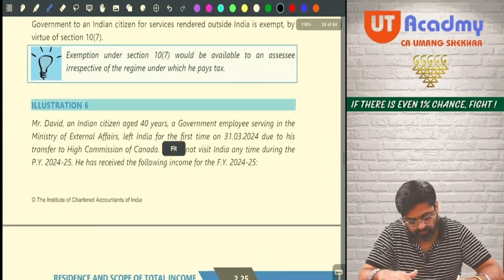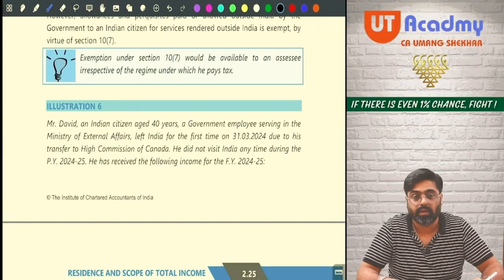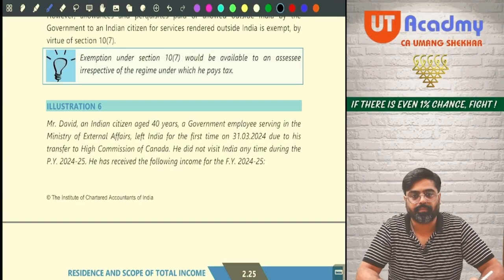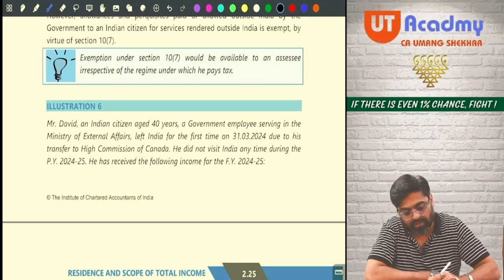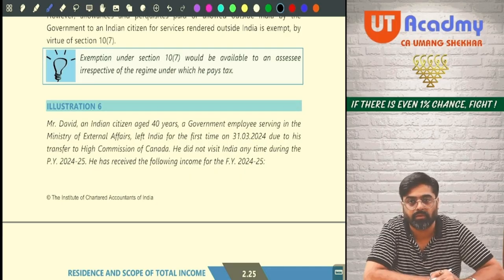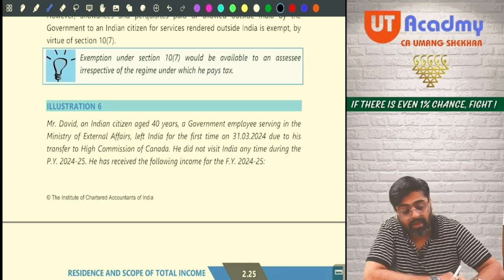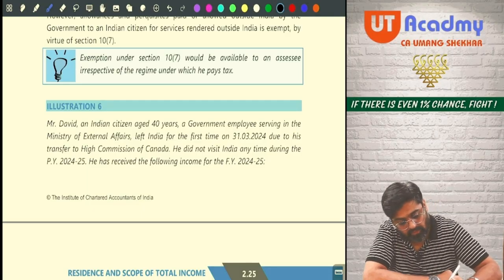Yes, friends. Illustration number 6. Everyone, shall we begin? Okay. Mr. David, an Indian citizen, aged 40 years, meaning that he is not a senior citizen. His age is 40 years only. He is a government employee.